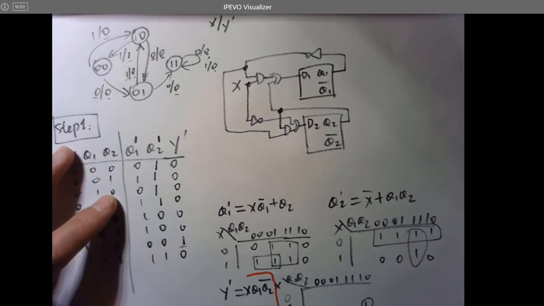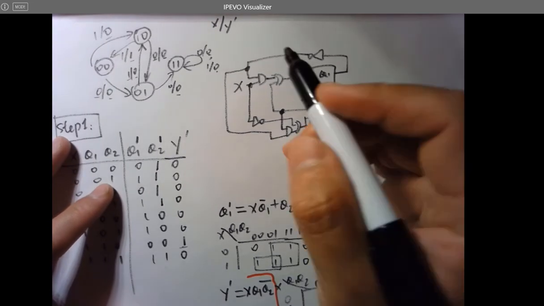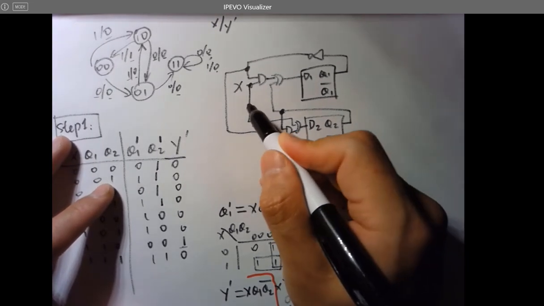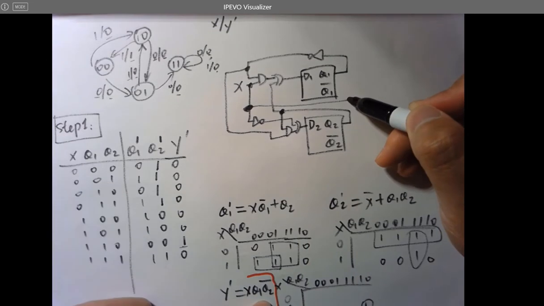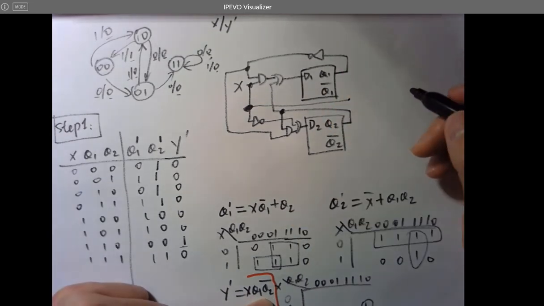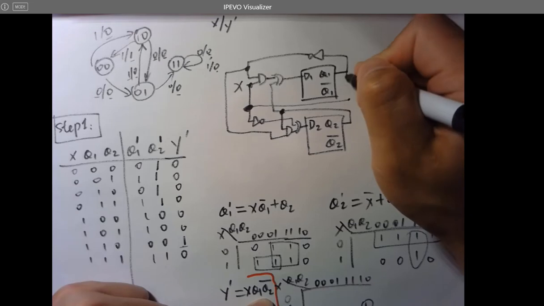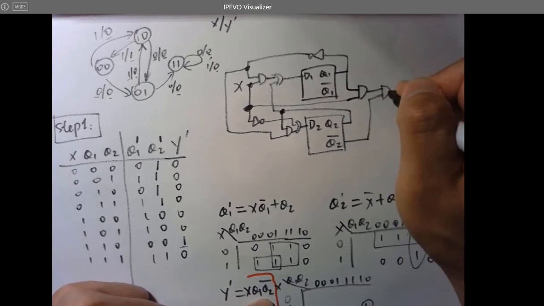Next, Y prime. Y prime is the same thing, right? So just Y, which is Q1. You need X as well. It's a 3-input AND gate. But you can AND these two first, and then AND this guy later.